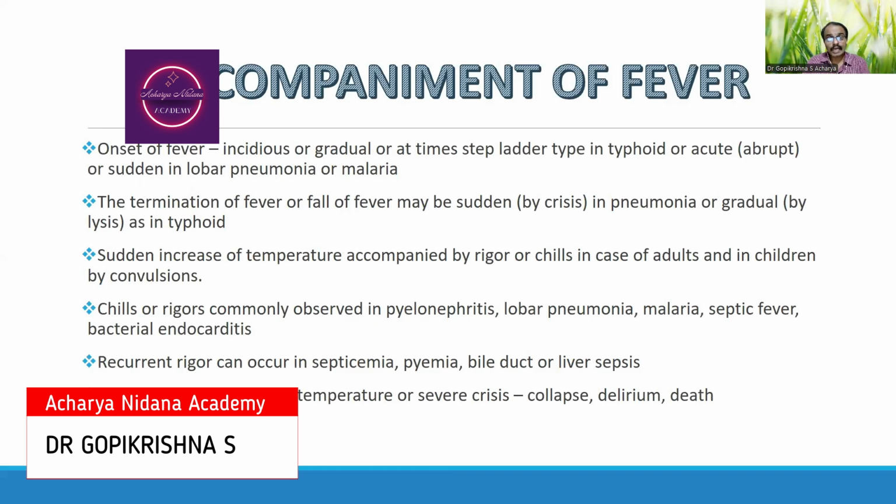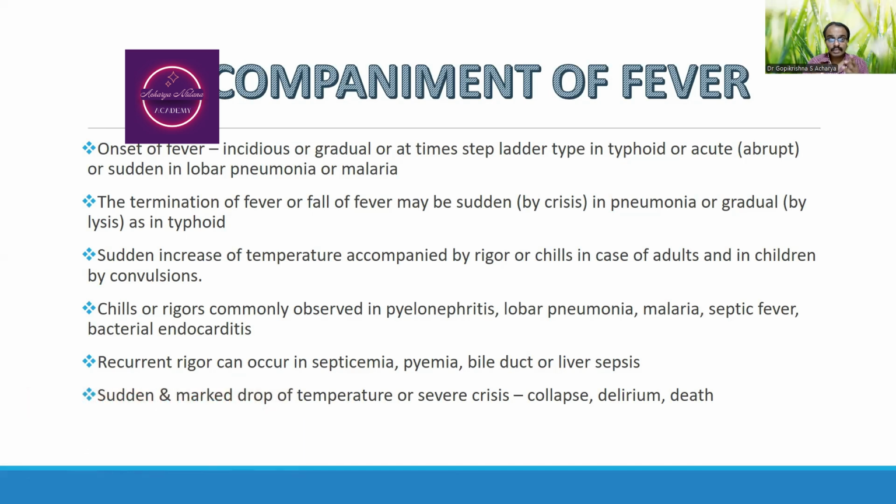The accompaniments of fever, that means the symptoms observed along with fever. On most occasions, onset of the fever will be insidious or gradual. Insidious in the sense that the person is not in a position to identify whether it is sudden or gradual, and the person will have serious consequences after the onset of fever.